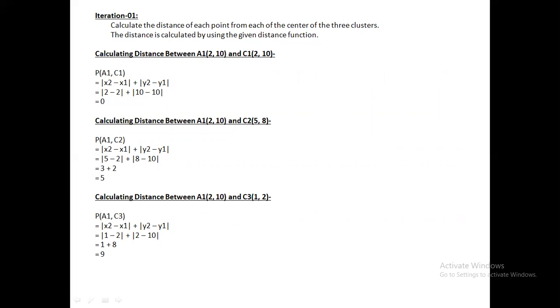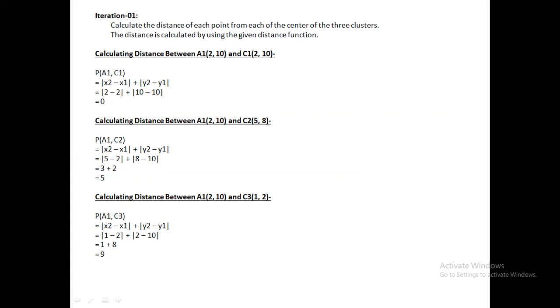In iteration 1, first we calculate the distance of each point from the center of each of the 3 clusters, using the given distance function. First we take the first point and cluster 1. Cluster 1 is (2, 10), and our first point A1 is (2, 10).